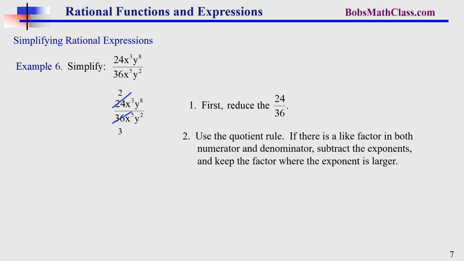It's the quotient rule for exponents. We could subtract the exponents. We could do it a couple of different ways. I like to subtract the exponents, the larger exponent minus the smaller exponent, and then just keep that exponent where it's larger.